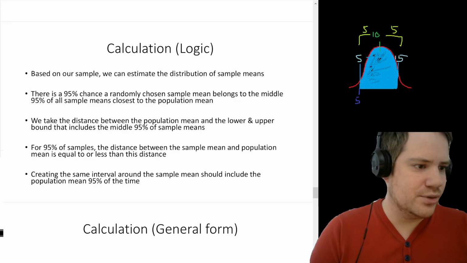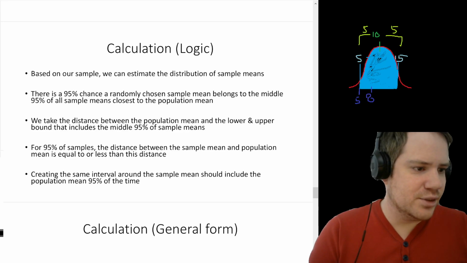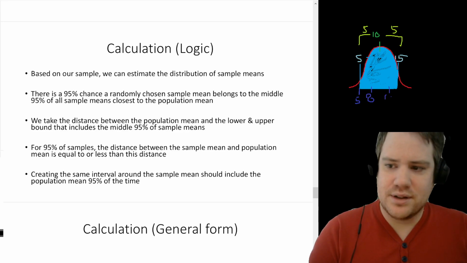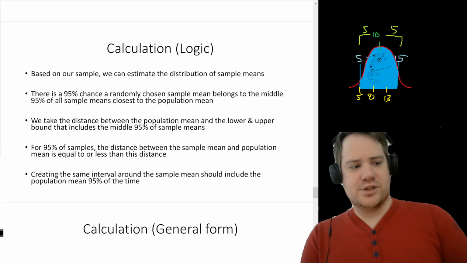If someone scored, for example, 8, the difference between 8 and 10 is 2, which is also less than 5. If someone scored here, that's 13. Oh, that's also a very poorly visible color, I just realized. So for 5, that difference is 5. For 8, the difference is 2. For 13, the difference is 3, but it's still less than 5.